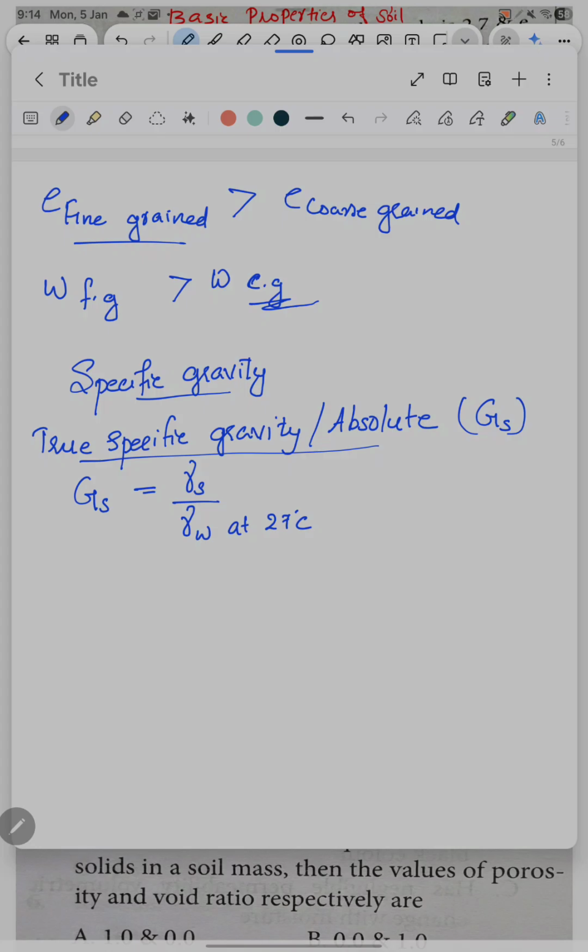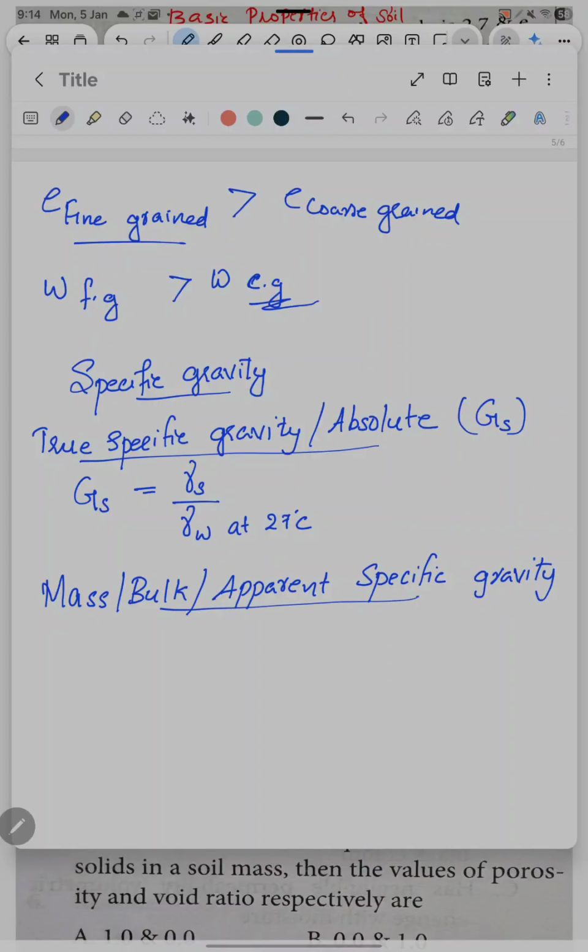And the next term is mass specific gravity, or bulk specific gravity or apparent specific gravity. Mass specific gravity, bulk specific gravity or apparent specific gravity, all three are the same, and it is denoted by GM.